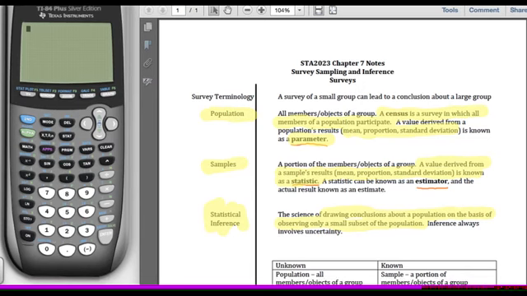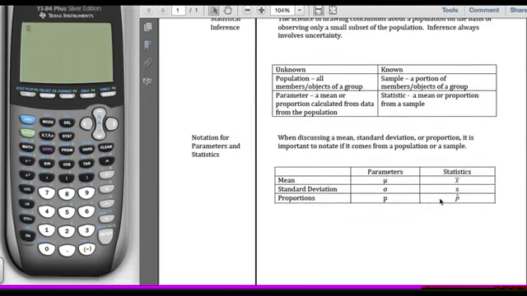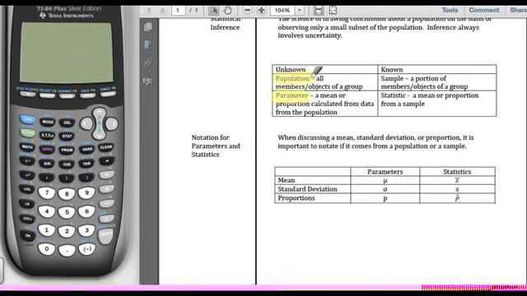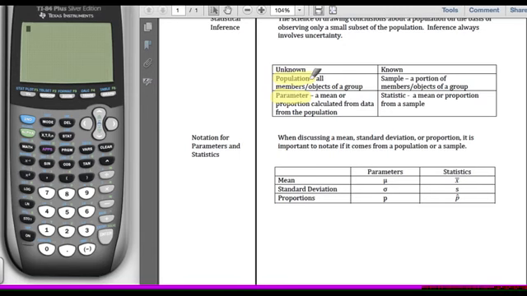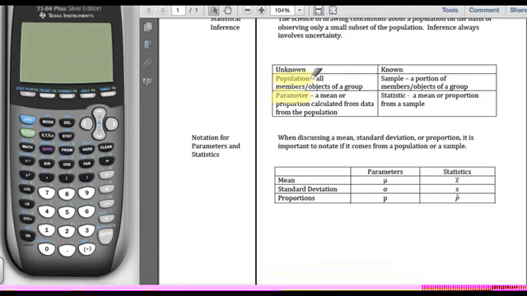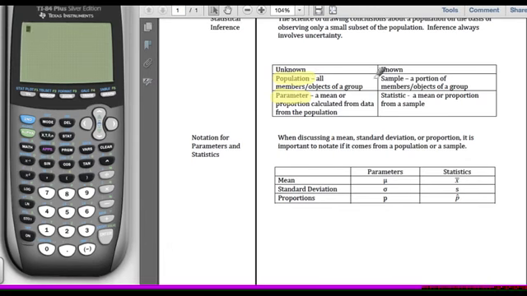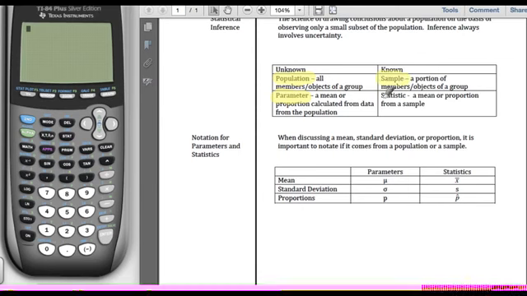So there is room for error, and we'll see how we can take that into account in a future video. So typically, we say the population and its resulting parameter are unknown. It's very difficult to talk to everyone in a population unless it's a very small population of 30 to 50 or 100 people. So what we can know about is information from a sample and those resulting statistics.